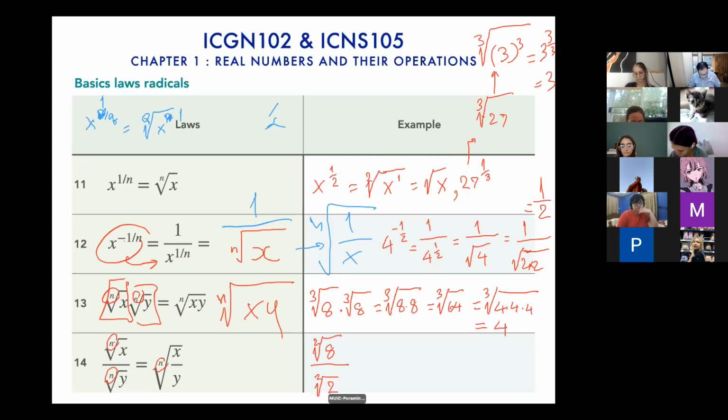As these two radicals have the same index number, you can have square root of 8 over 2. Then from the elimination, you can have square root of 4, which means you can have 2 as the answer.